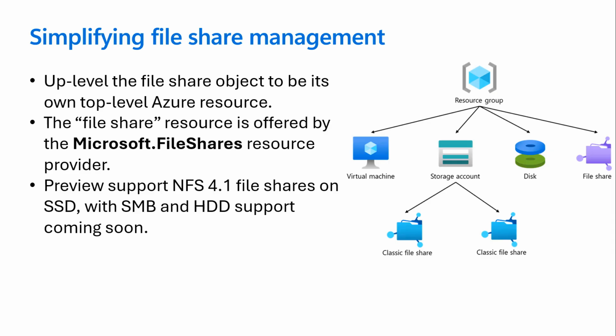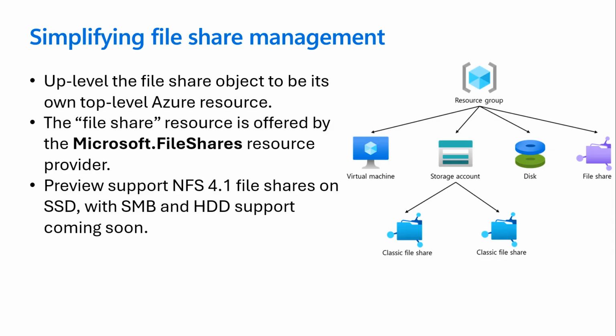The file share resource is offered by the Microsoft.FileShares resource provider, whereas the classic file share is offered by the Microsoft.Storage resource provider. Another way to distinguish between the classic and the new file share experience is by the color of the icon. Blue represents the classic file share, whereas purple represents the new file share experience.